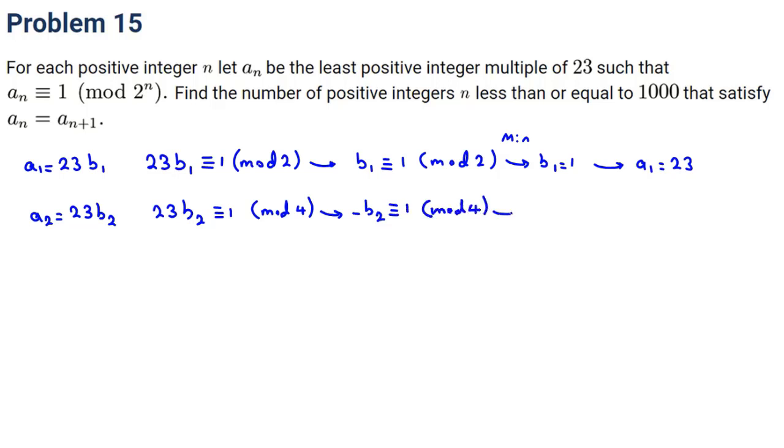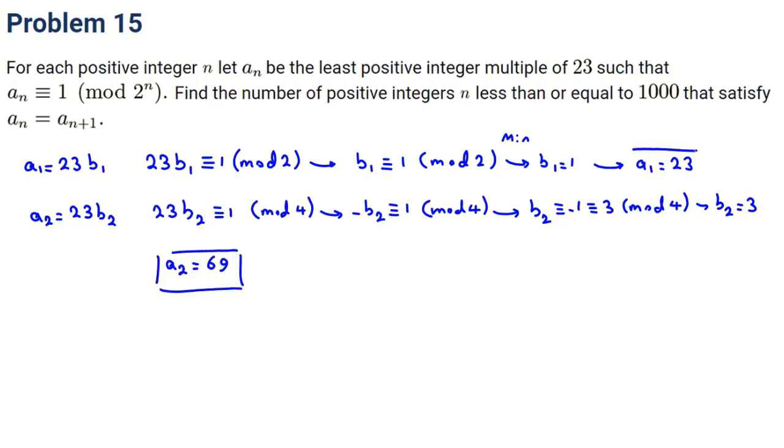And we can say B2 is negative 1, or plus 4, 3 mod 4. So B2 we know is positive. The minimum B2 is 3. So A2 in this case equals 3 times 23, 69, and A1 is 23.